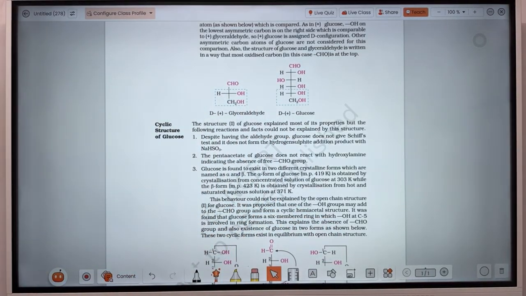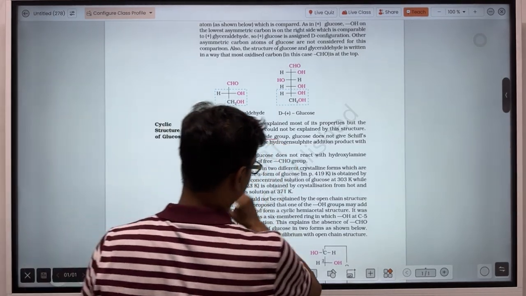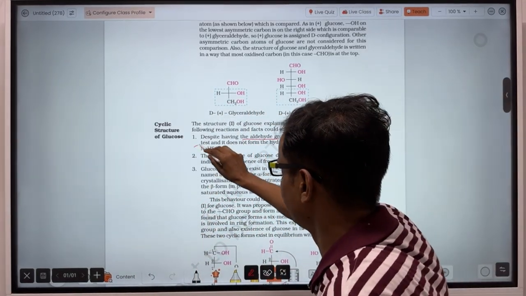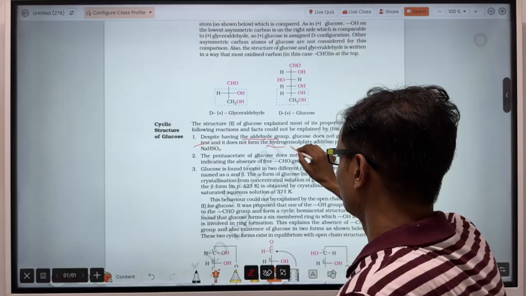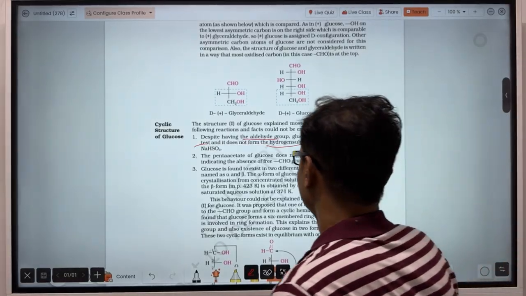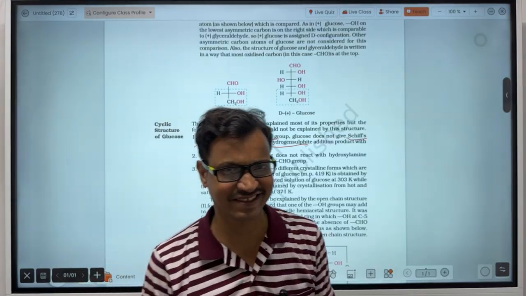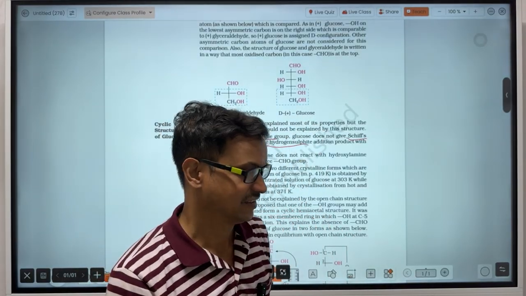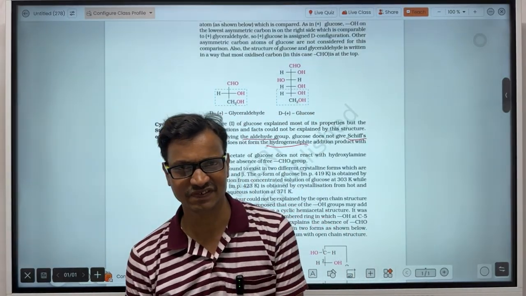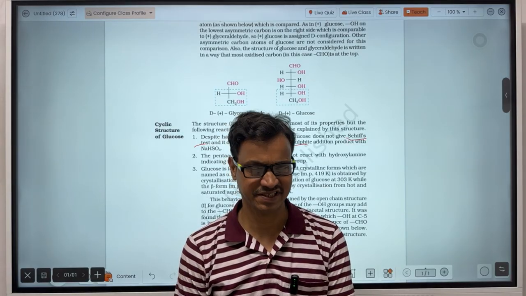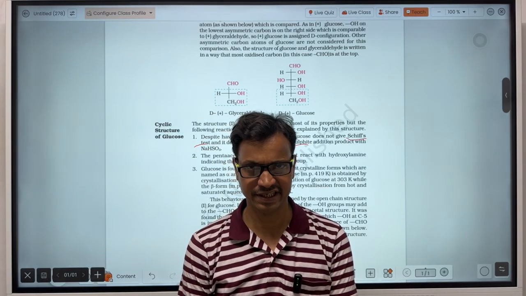First one is here: glucose does not react with Schiff's base. There is an aldehyde group, but glucose does not react with Schiff's base, and it also doesn't react with hydrogen sulfite. Guys, you already know what Schiff's base is. Okay, Schiff's reagent, that is in the chapter of amines. You have studied it.